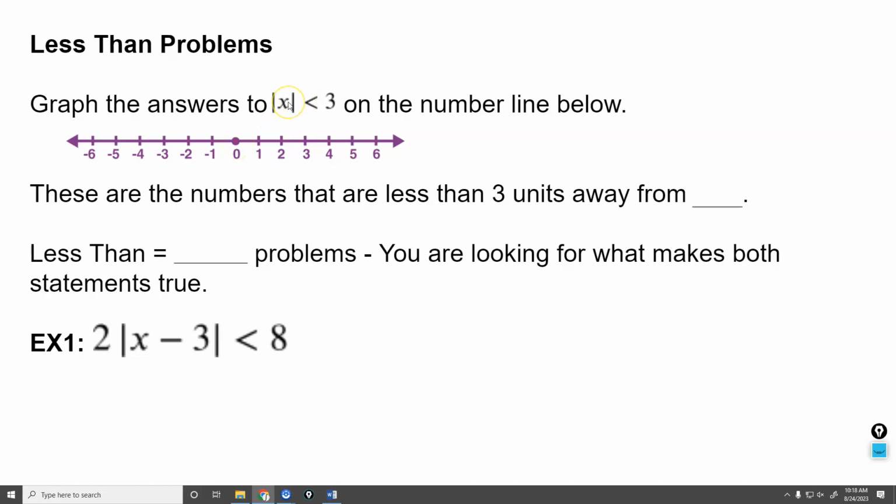Would the absolute value of 0 be less than 3? Yes, the absolute value of 0 is less than 3. So 0 should be in your shaded region. Shade all of the parts that could make that true, all the numbers whose absolute value is less than 3.